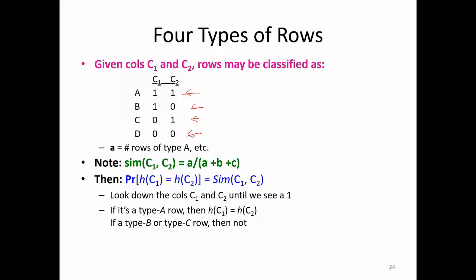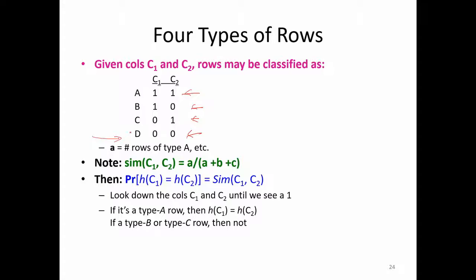The first thing to consider is that type D rows are immaterial, which consist of shingles which are not present in either C1 or C2. So you can insert any of them anywhere. It doesn't really change the min hash value.